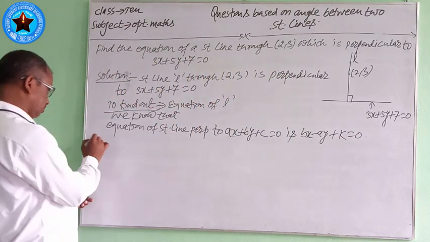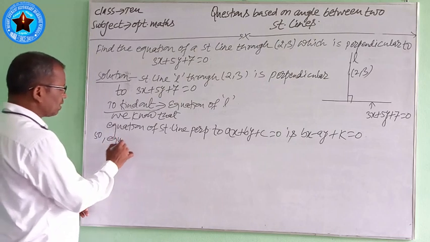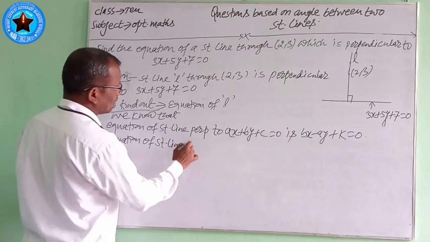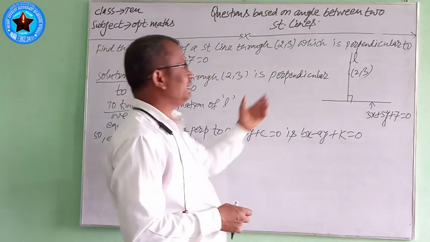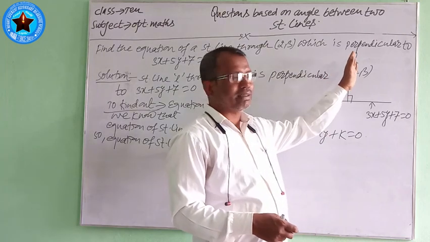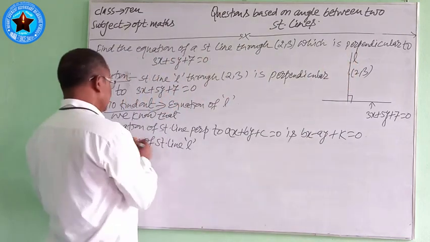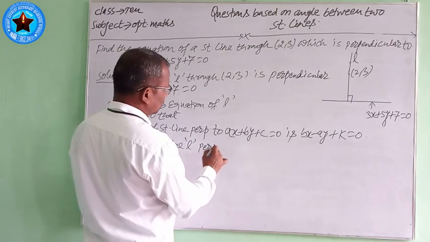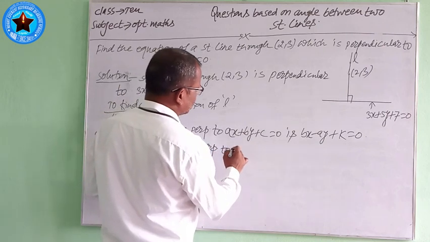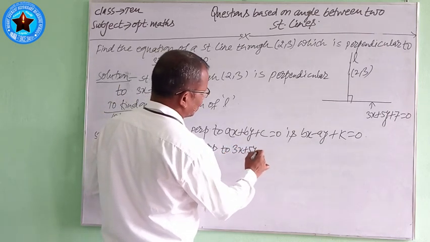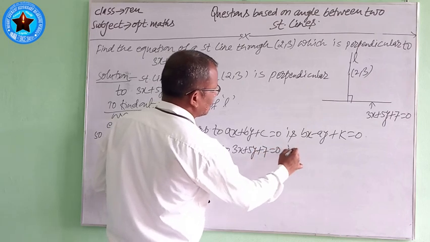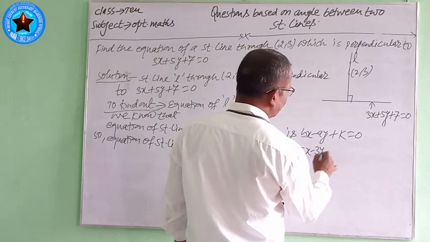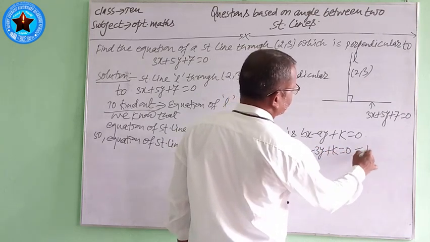So we need the equation of the straight line L perpendicular to 3x plus 5y plus 7 equals 0, which is 5x minus 3y plus k equals 0.